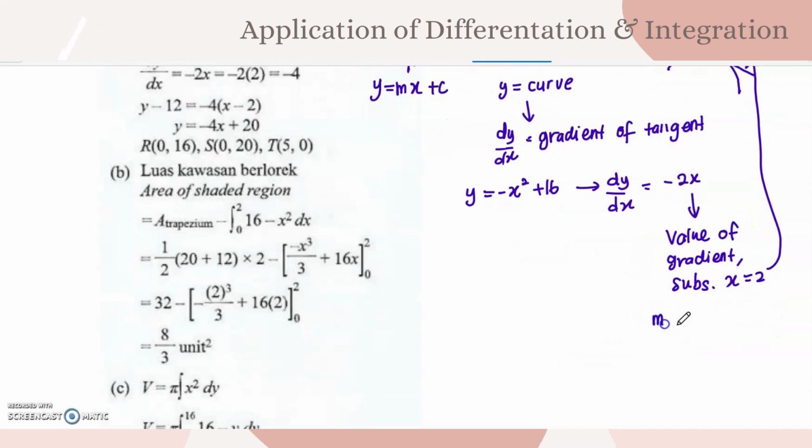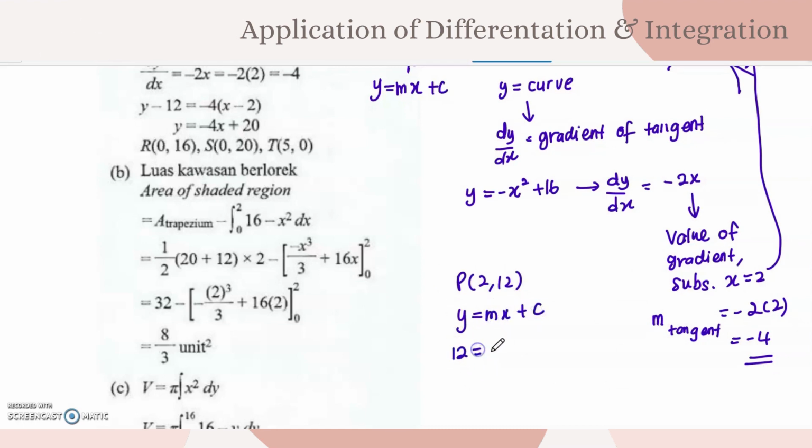So m tangent is equal to negative 2 times 2, which is negative 4. Okay, so kita dah ada negative 4, and then kita dah ada point (2, 12). So y equal to mx plus c. So y is 12, m is negative 4, x is 2, plus c. So we get c is equal to 20. So therefore, the equation of the tangent is y equal to negative 4x plus 20. That one is the equation of the tangent or the straight line ST.